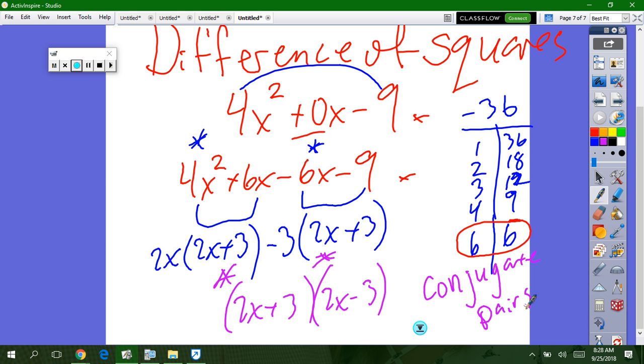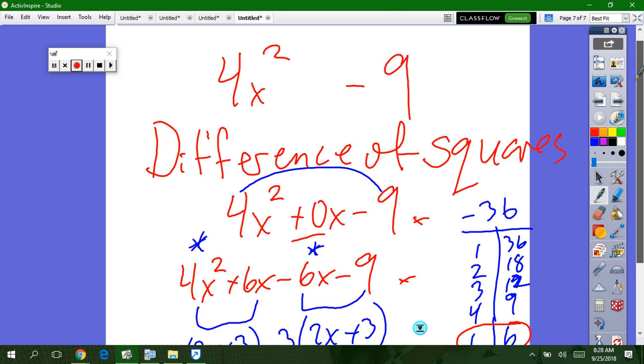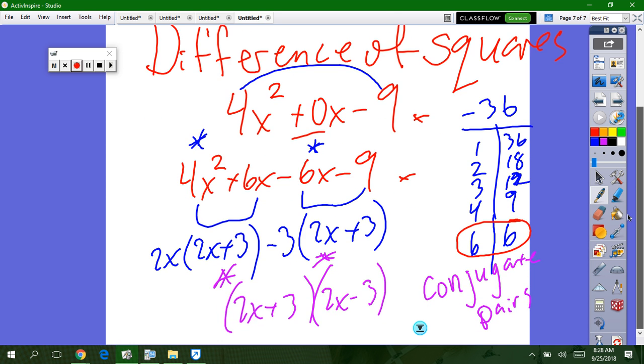That's a conjugate pair. The only difference is one is positive and one is minus. Anytime I multiply conjugate pairs, I will get a difference of squares. Notice, the 4x squared minus 9 was the difference of squares, wasn't it? Right? Okay. Any questions there?